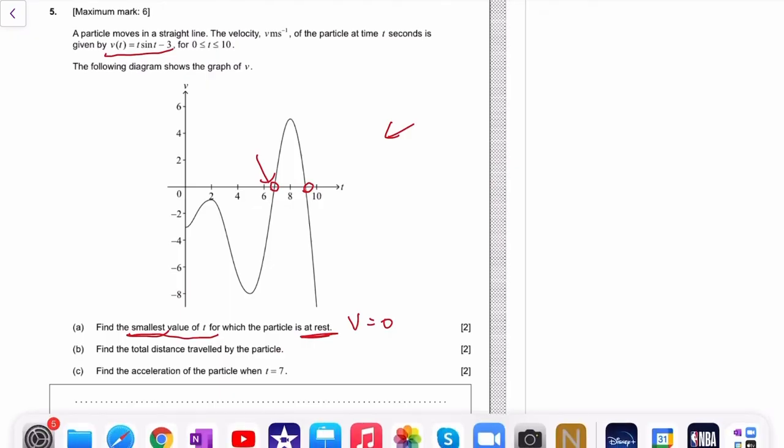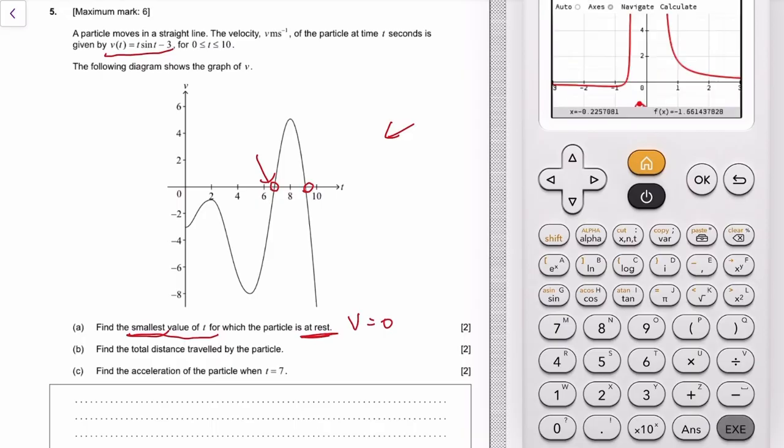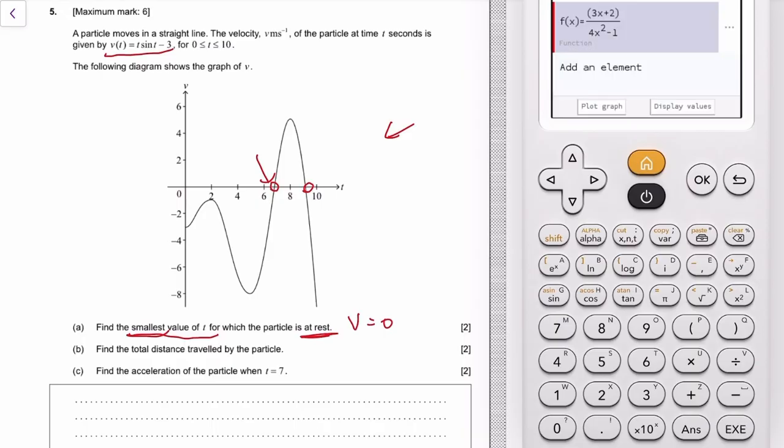Obviously, all you do is plot on the GDC. But be careful to turn your GDC to radian mode.